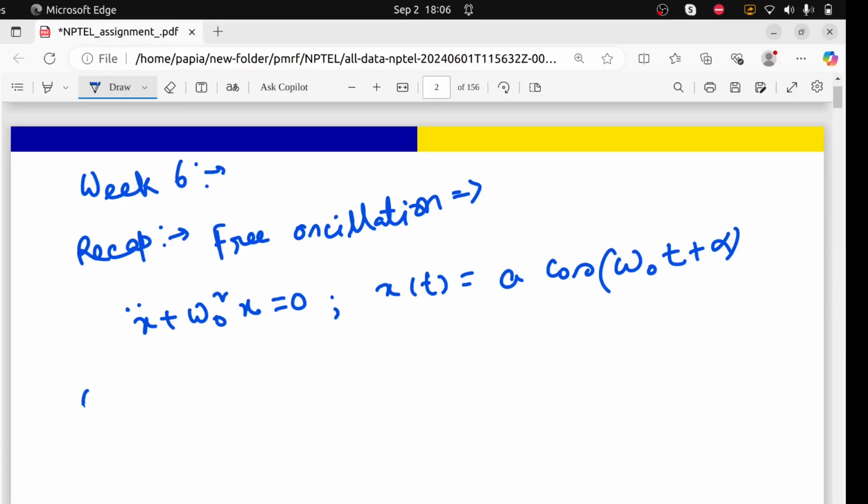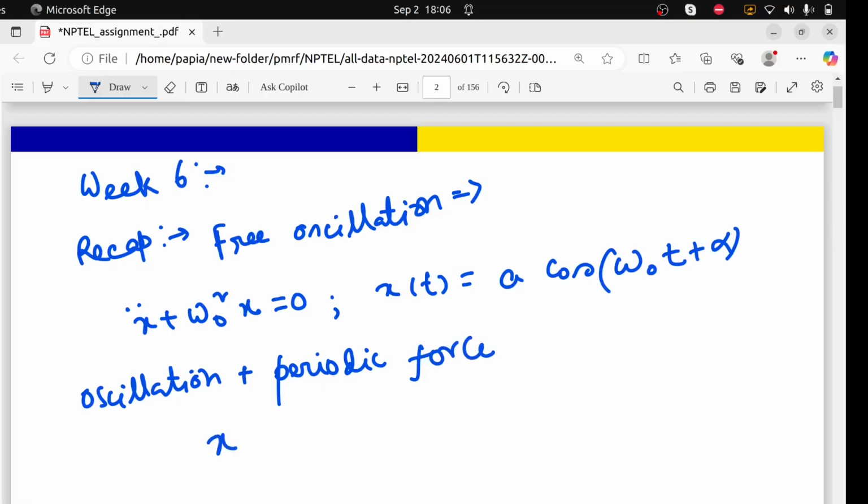Now if I have oscillation plus a periodic force, the expression was f by m cos(gamma t plus beta).